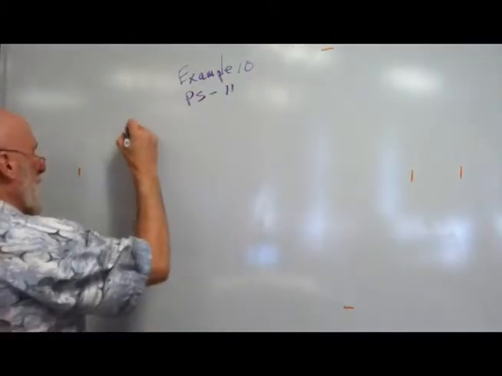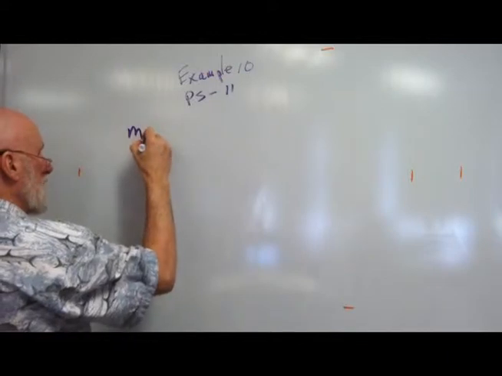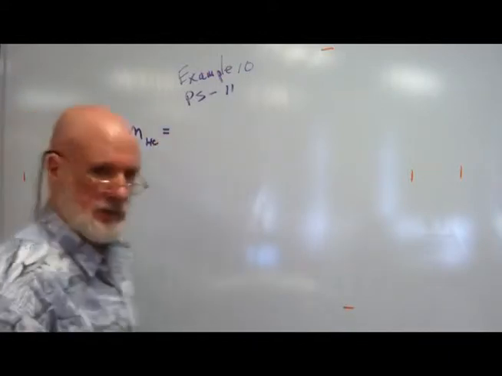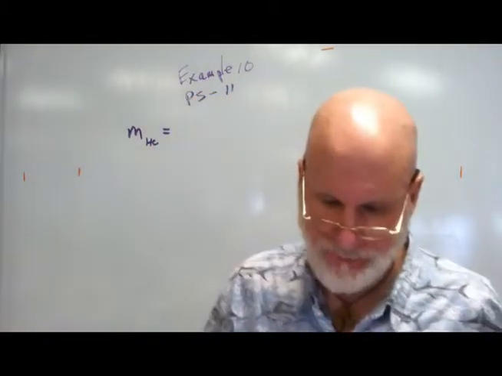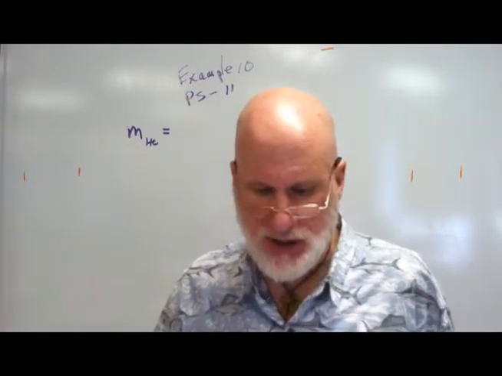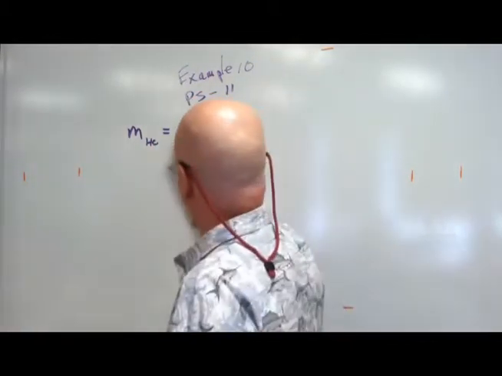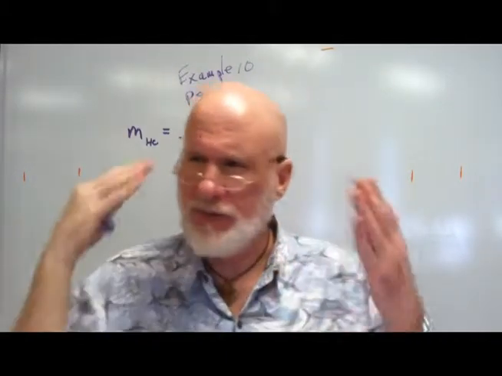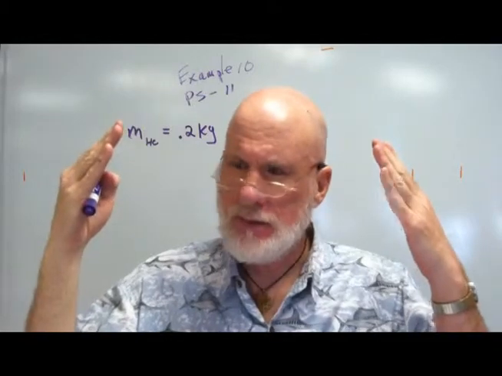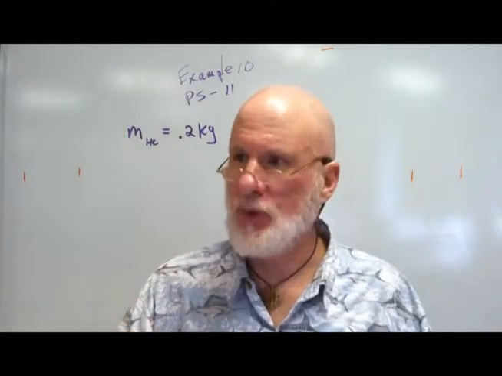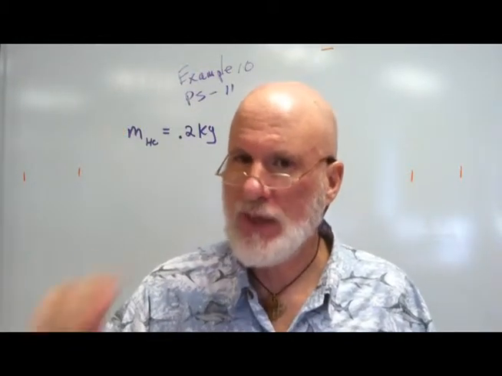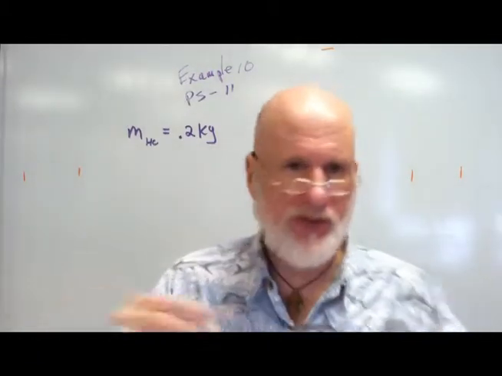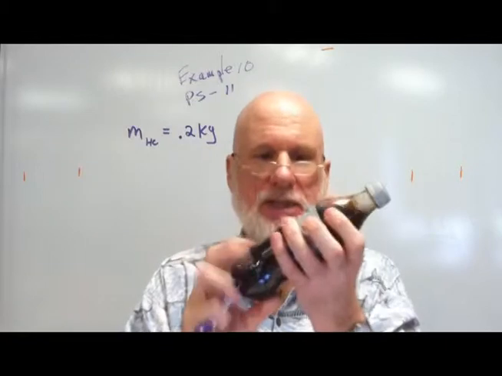So, I have the mass of the hot chocolate. What's the mass of the hot chocolate? 0.200. 0.2 kilograms. Now, what's 0.2 kilograms? Do you have a visual on what that is? All right, 1 kilogram would be a liter. So this is 0.2.